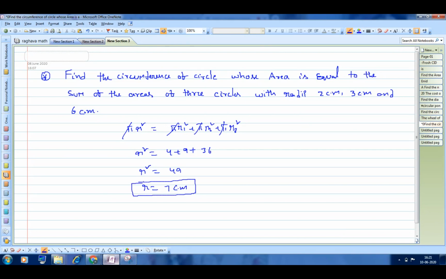You got the same answer? Yes, sir. Then circumference is how much? 44 centimeter. 2 pi r. So 2 into 22 by 7 into r, which is 7 centimeter. 7 cancels. The circumference is 44 centimeter.